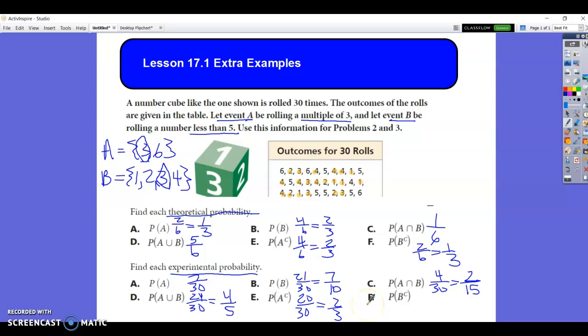All right, and the probability of B complement. B complement is going to be everything not in B. So 6 and 5s.